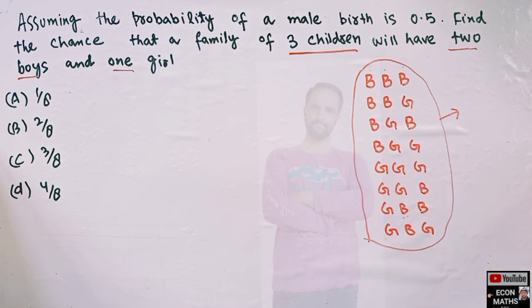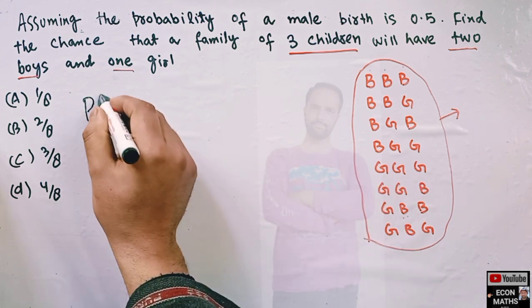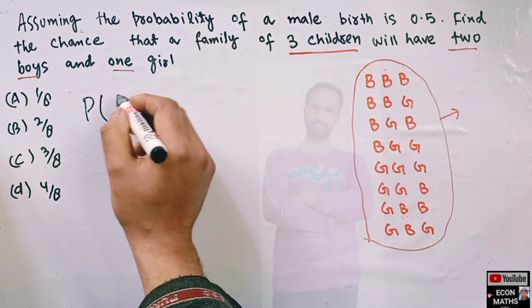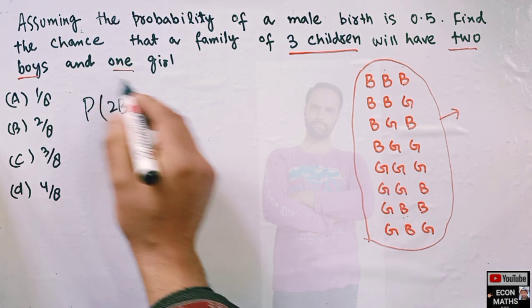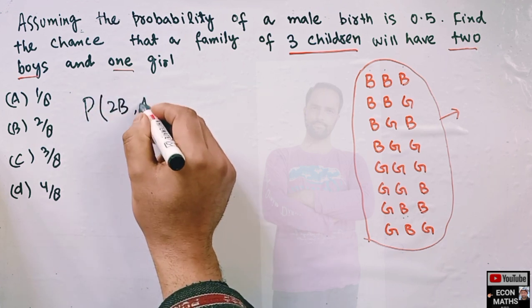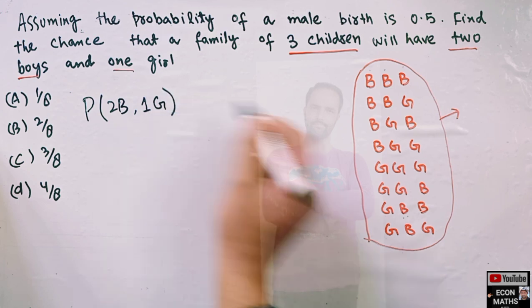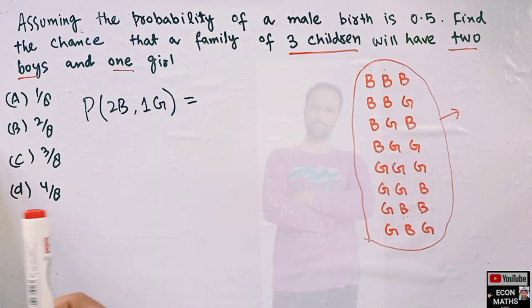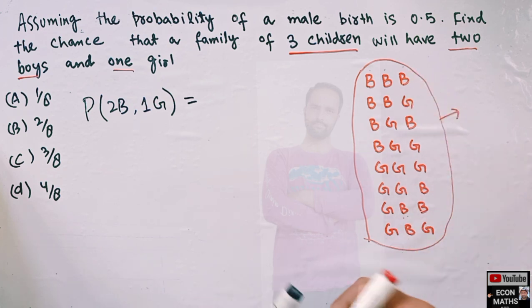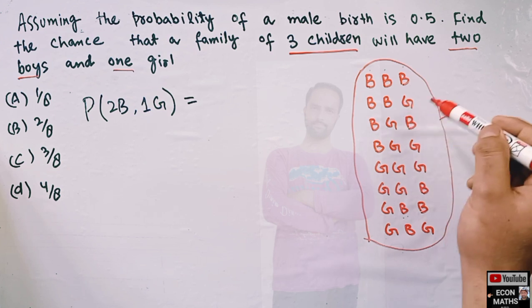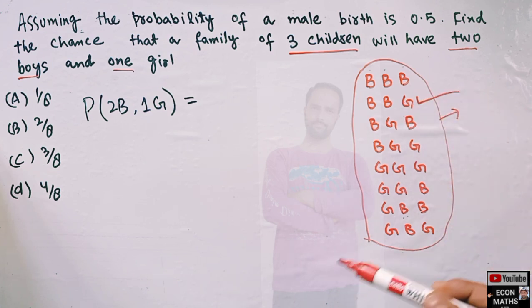Now what we need to find is the probability of getting 2 boys and 1 girl. So if this is our sample space, what are our favorable cases? In the sample space, we need to see 2 boys and a girl. So this option is our favorable case.